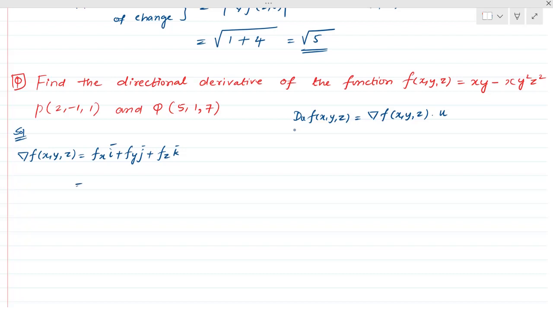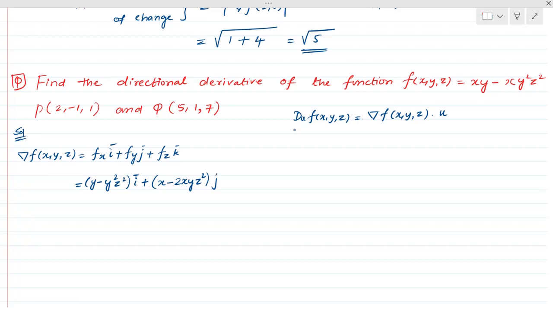Now differentiate with respect to x. You will get y minus y squared z squared, i, plus, when you differentiate with respect to y, you will get x minus 2xyz squared, j.